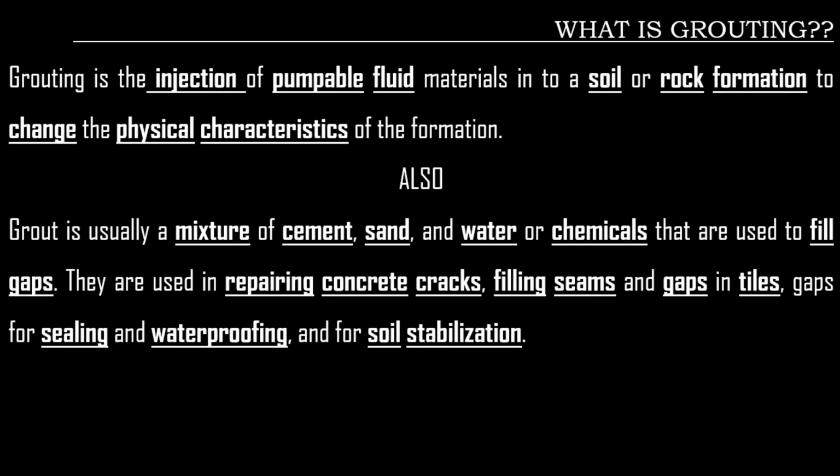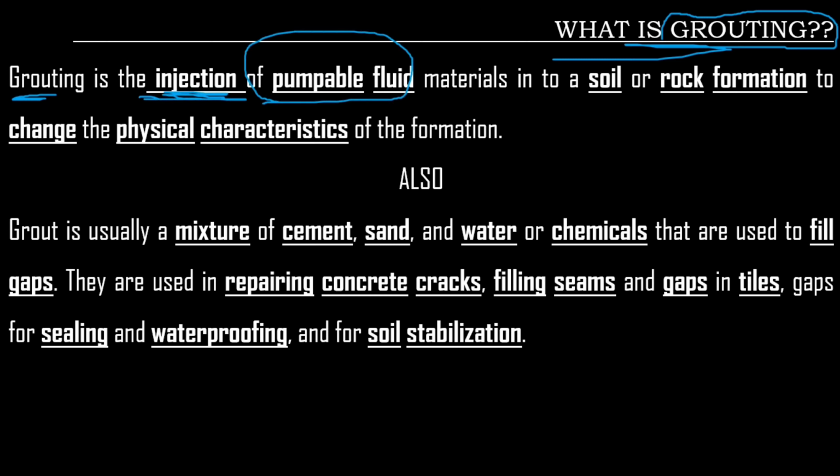So what is the actual definition of grouting, or which process needs to be completed for grouting? Grouting is an injection process of a pumpable fluid that is installed in soil or in a rock formation to change the physical characteristics of the formation.